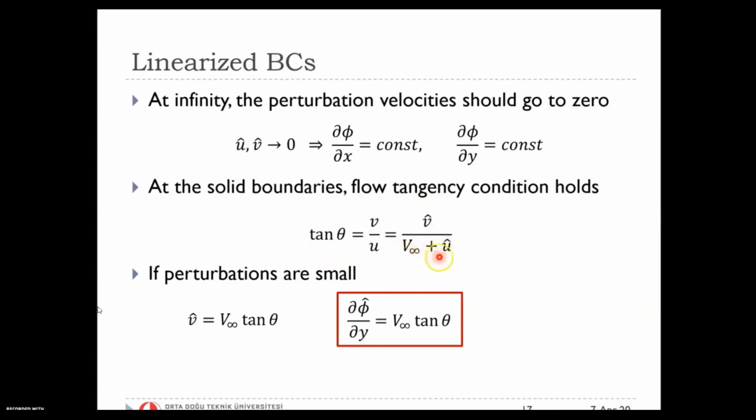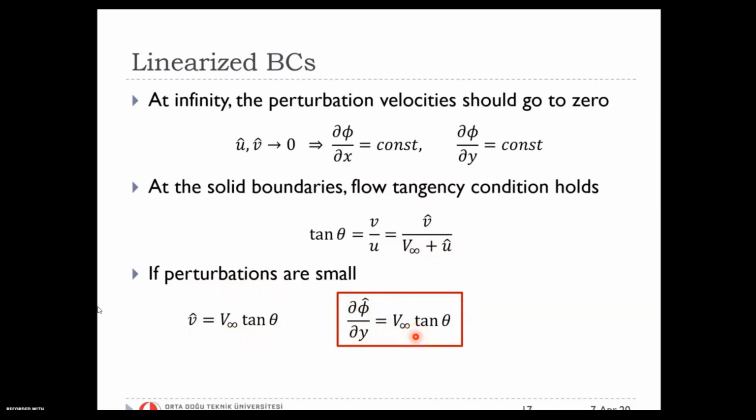And of course, when you compare these two terms, you can easily say that V infinity is much larger than u hat, so that you can neglect this second term here, which will bring us to this final relation. v hat is equal to V infinity times tangent theta, and v hat is d phi hat over dy, of course, and that's equal to V infinity times tangent theta.